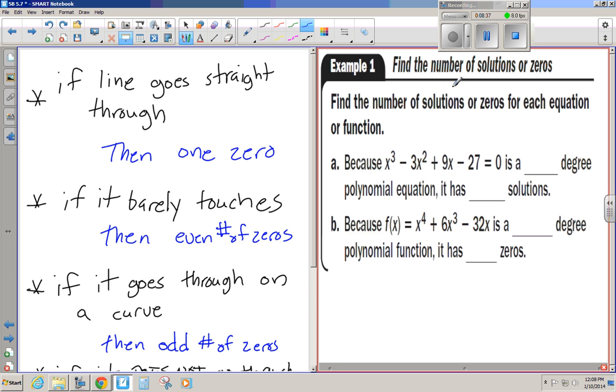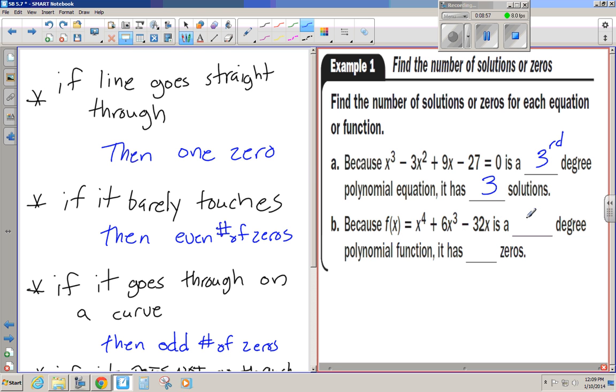All right, so find the number of solutions or zeros for each equation or function. Because this is a third degree polynomial equation, it has 3 solutions.